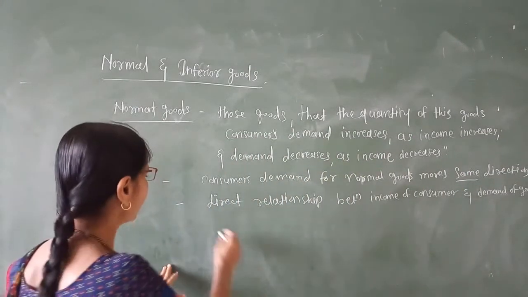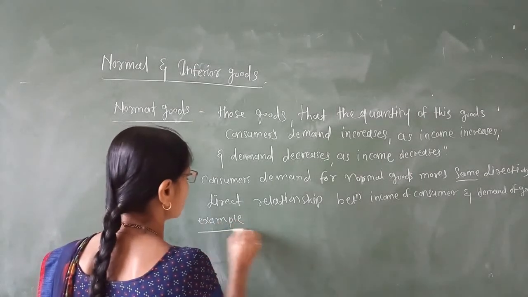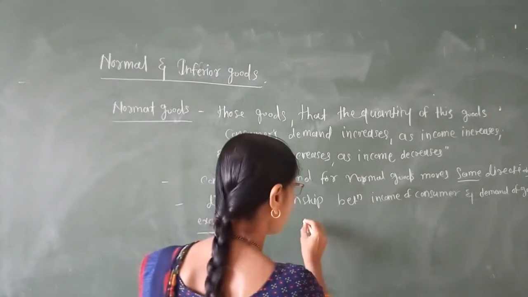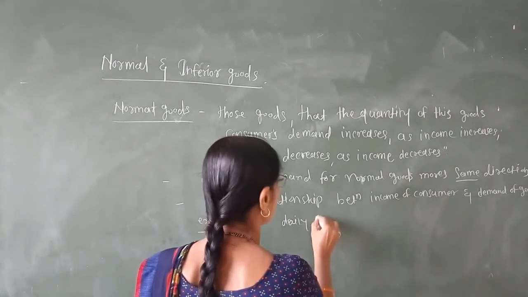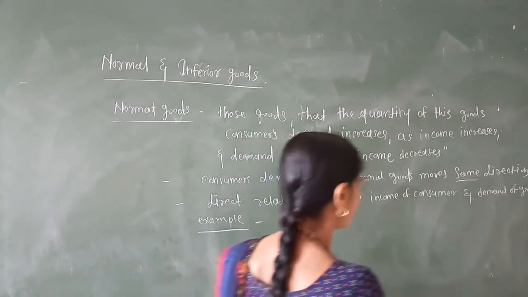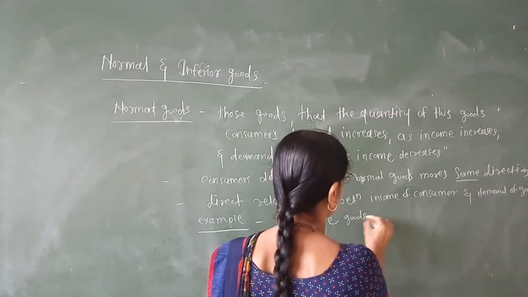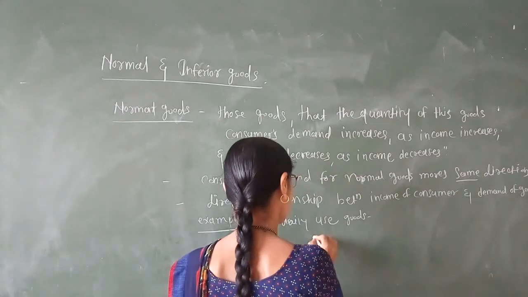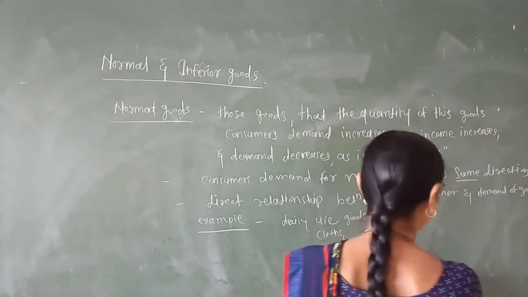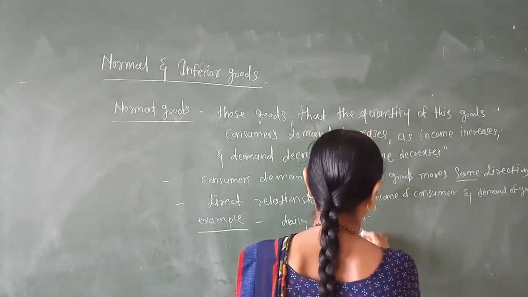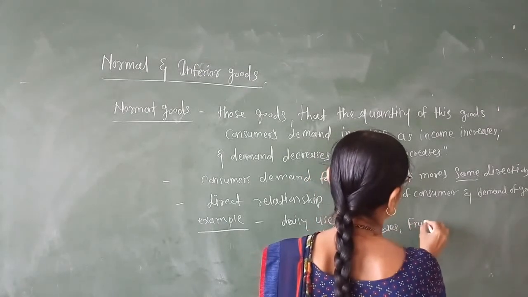For example, daily use goods like clothes, or maybe vegetables and fruits.